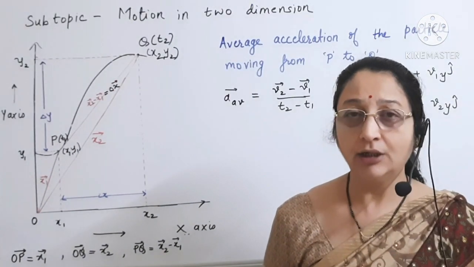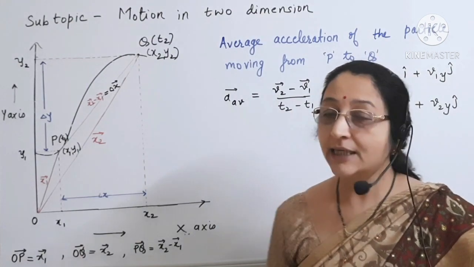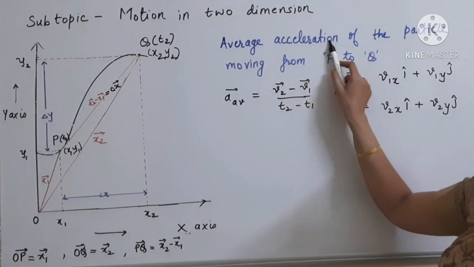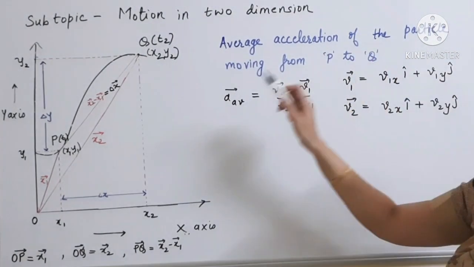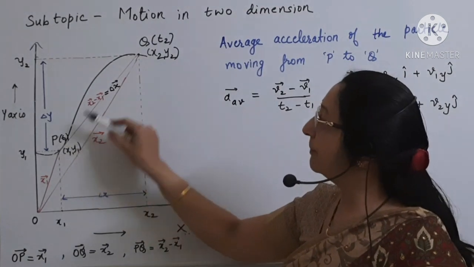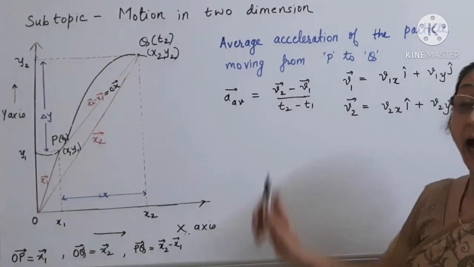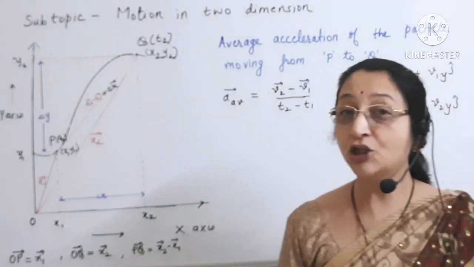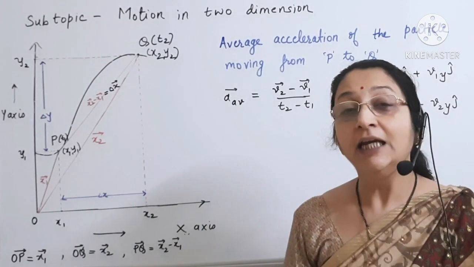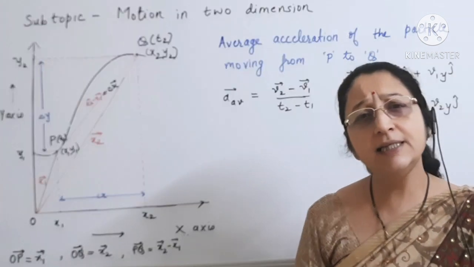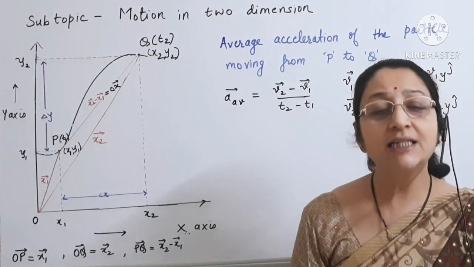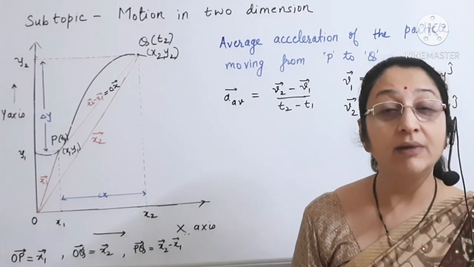In this lecture, we are going to discuss the average acceleration of the particle moving from point P to point Q. We know the definition of acceleration from what we studied in rectilinear motion. It is the same definition: the change in velocity upon time is the acceleration.